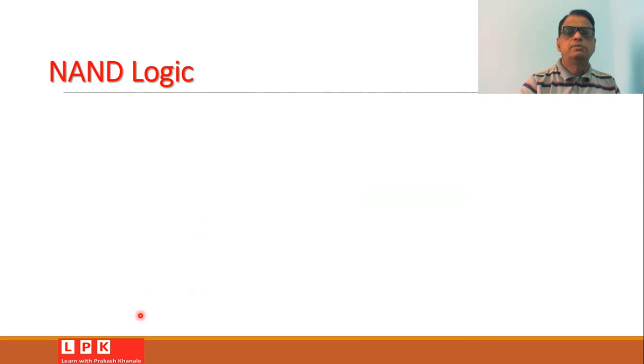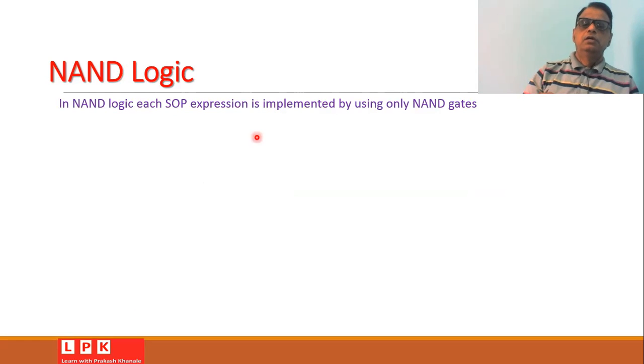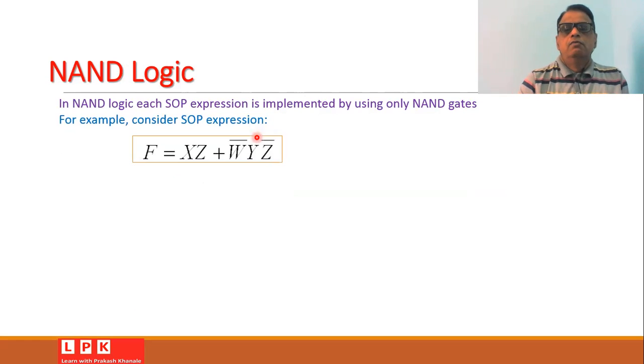Another logic that is being used is the NAND logic. In the NAND logic, whenever we have been given any SOP expression, that expression can be implemented by using only NAND gates. For example, consider the SOP expression F is equal to X into Z plus W bar Y Z bar.